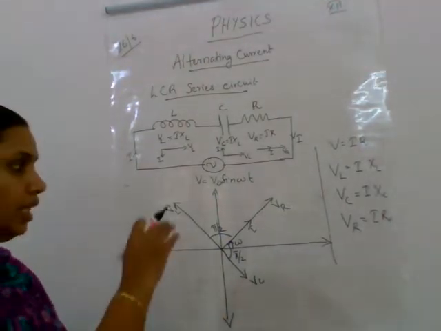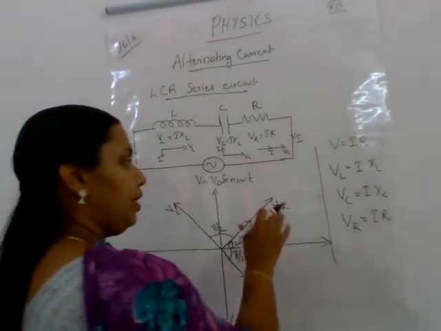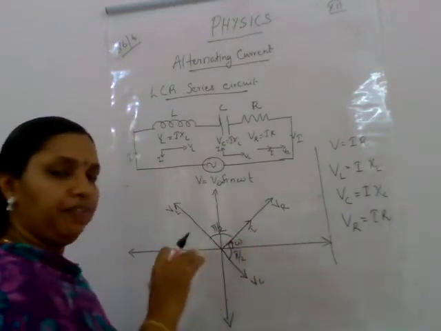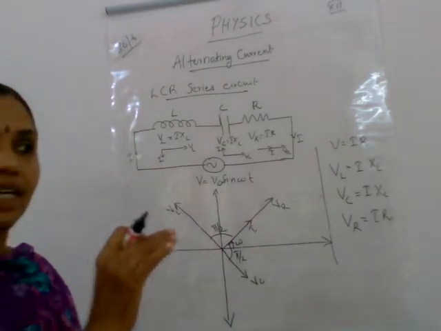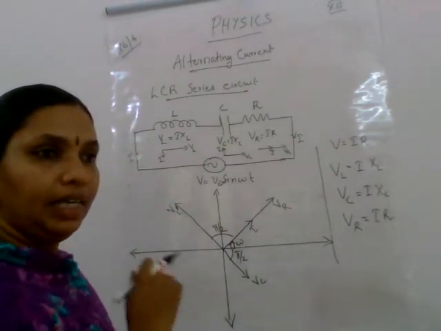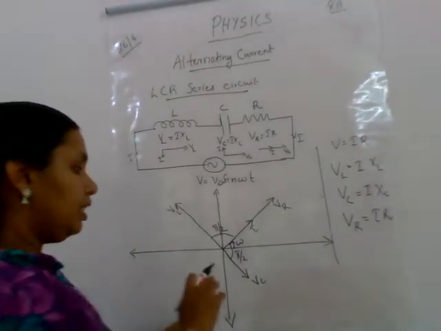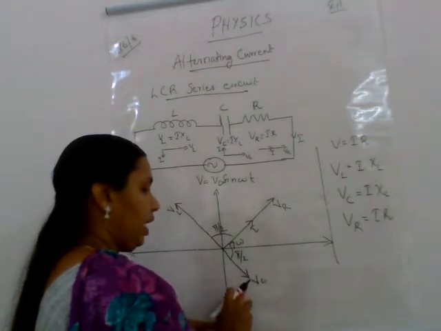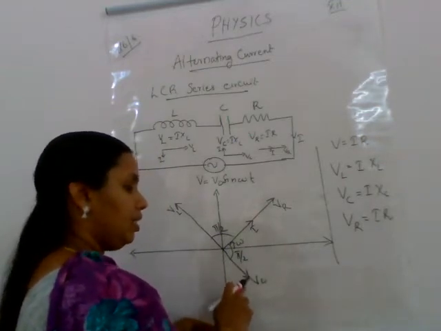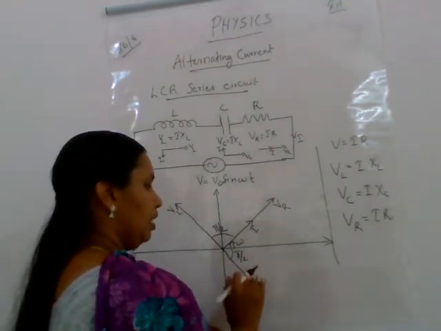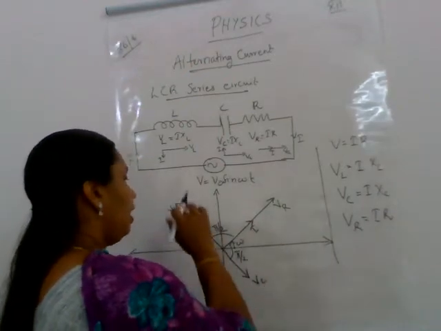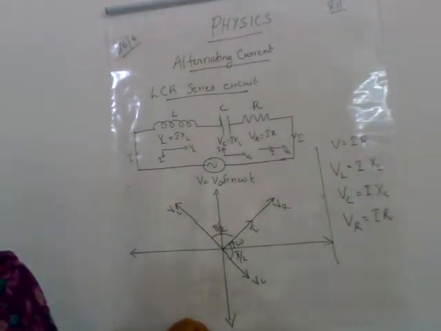Okay, that is, three different potential differences are there and they are in different directions. And here we are considering this as a vector. So what will be the resultant magnitude and resultant direction of these three vectors, that is VC, VR and VL, we have to find out.